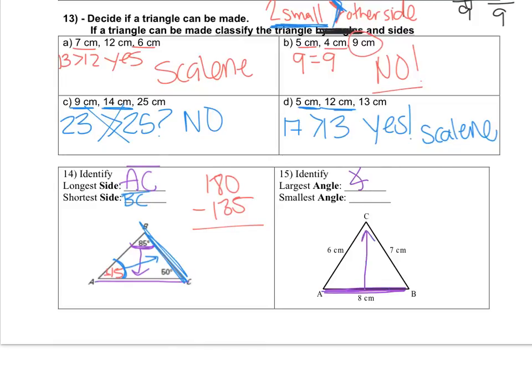So the largest angle has to be C. To find the smallest angle, find the smallest side, which is 6, and find the angle that's across from it or opposite from it. That is angle B.